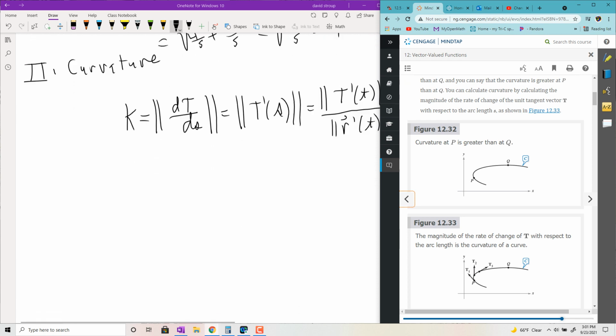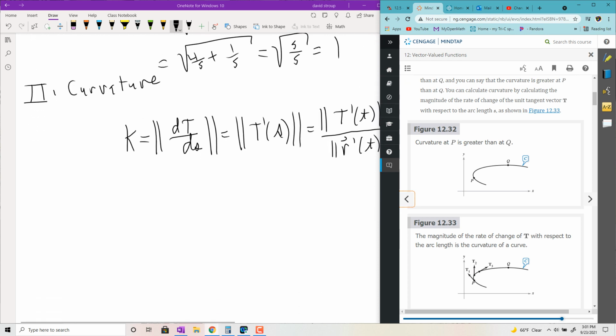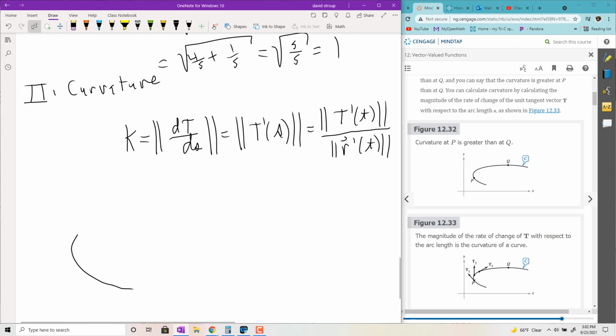So again, the rate of change of this unit tangent vector is the way you can think of it. When you go really close to a corner, you can see the unit tangent vector is changing more rapidly in its direction than it would be out here where the line is going straighter.